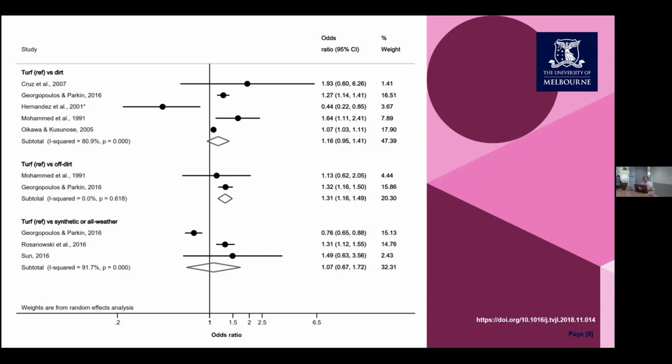And then no significant difference between turf versus synthetic or all-weather. But of course, we see the opposite result again with the Georgopoulos and Parkin study compared to Rosnowski, the UK study, and Sun, the Hong Kong study.